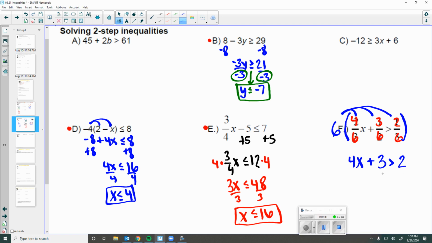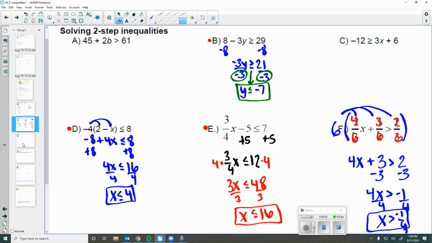And now it's a little bit easier for us to go through and solve. To get 4x is greater than -1, and dividing by 4. Now, since we're dividing by a positive number, the inequality is not going to flip. So x is greater than or equal to 1/4. That's a 4 in the denominator.